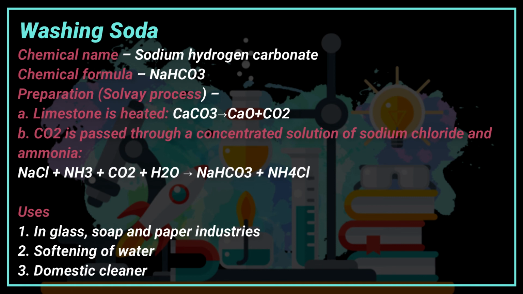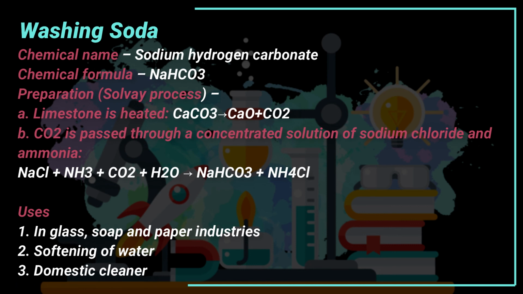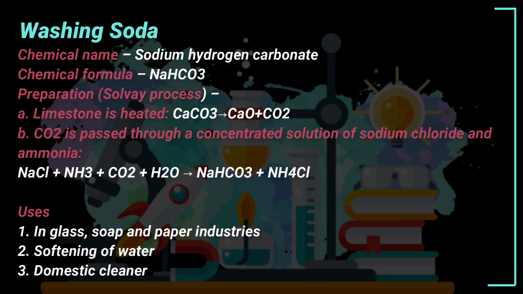B. CO2 is passed through a concentrated solution of sodium chloride and ammonia: NaCl + NH3 + CO2 + H2O gives NaHCO3 + NH4Cl. Uses: 1. In glass, soap, and paper industries. 2. Softening of water. 3. Domestic cleaner.